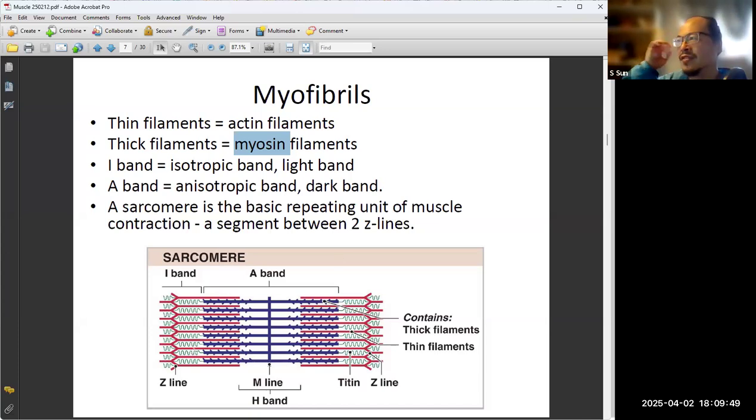Now knowing this, let's look at how these filaments conduct the movement. What is the movement? Movement is basically how muscle moves our body parts, not the entire body. For skeletal muscle, when they move, what they do is contraction.